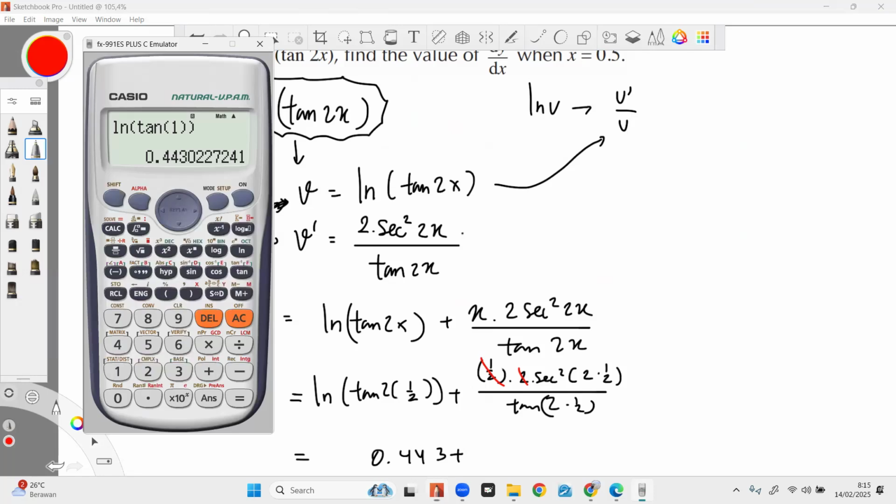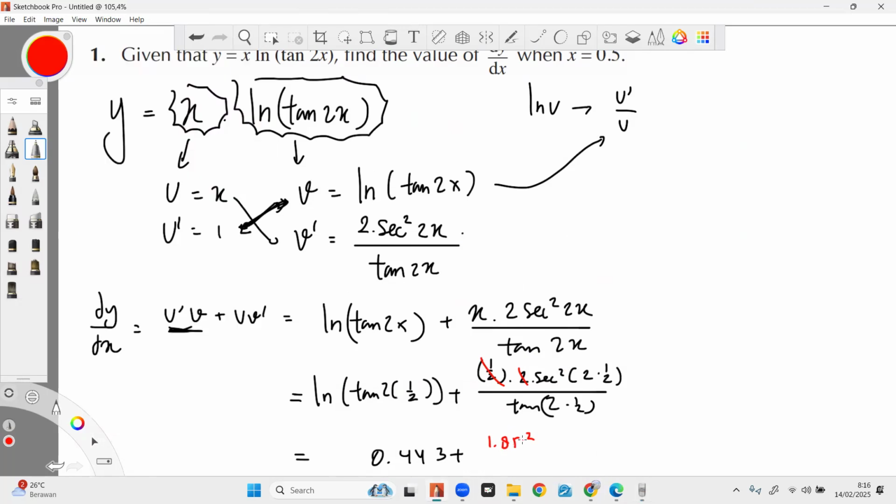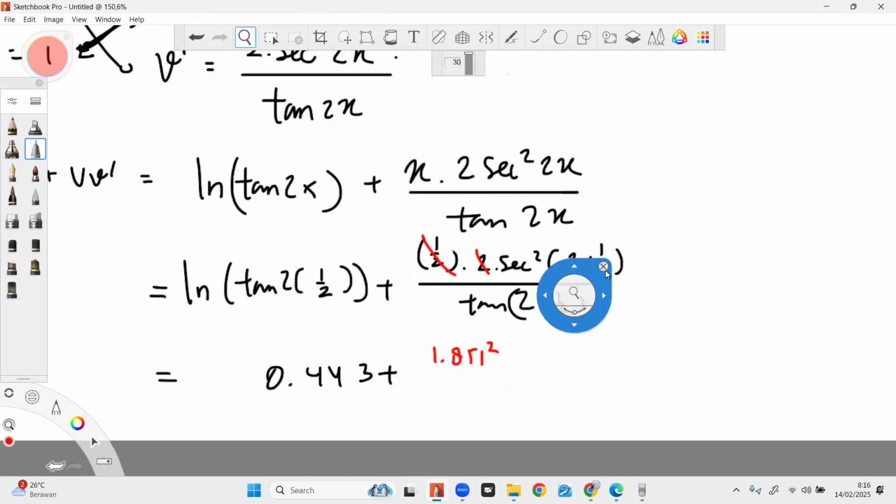Becomes sec squared 1. What is sec? 1 over cos 1, squared, right? Because we have this cos 1 and sec squared. 1.85 squared, 3.51, let's say, over tan 1. Make sure every calculator is in radian form.